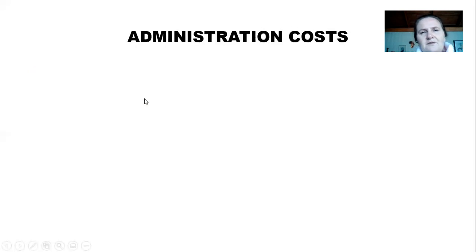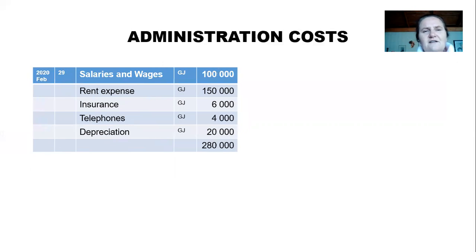So administration costs are those expenses that are part of this organization, but not part of the manufacturing process. So that would be the administrative clerks that deal with salaries, and the administrative people that deal with everything else.